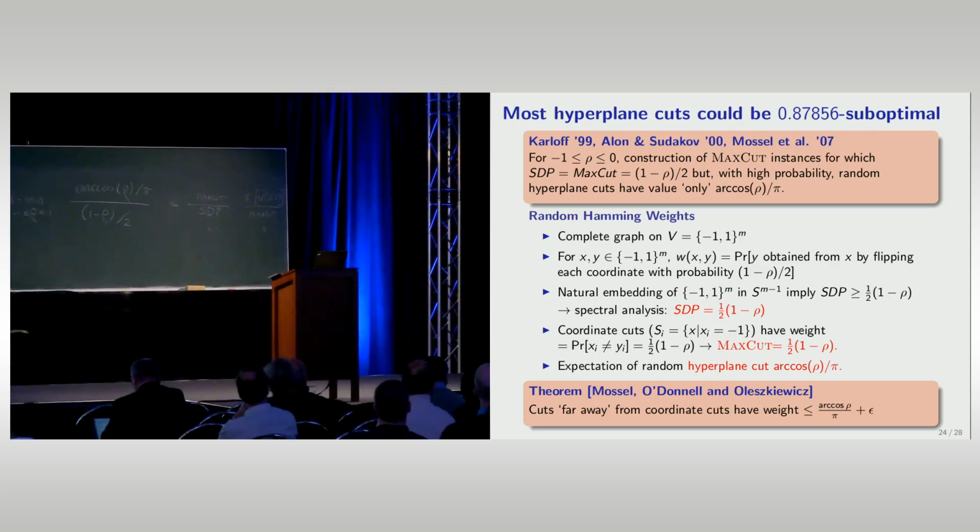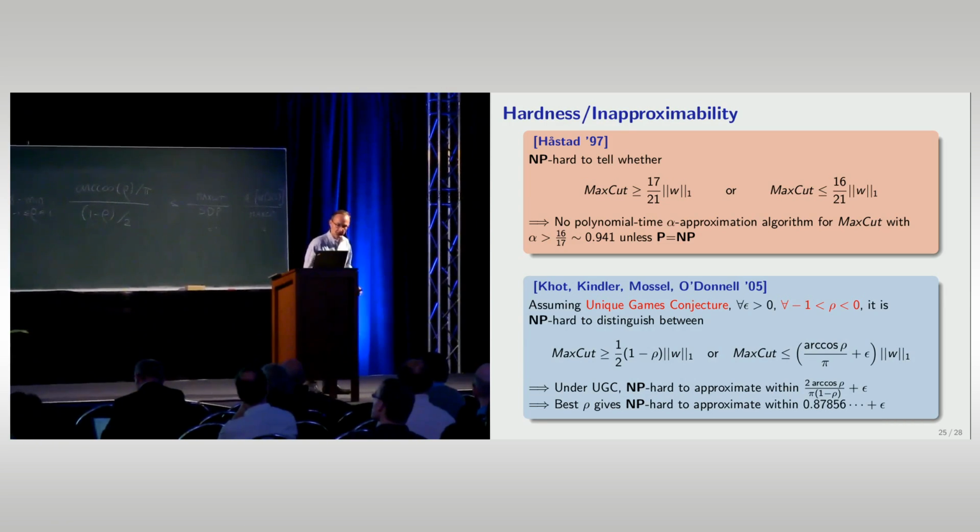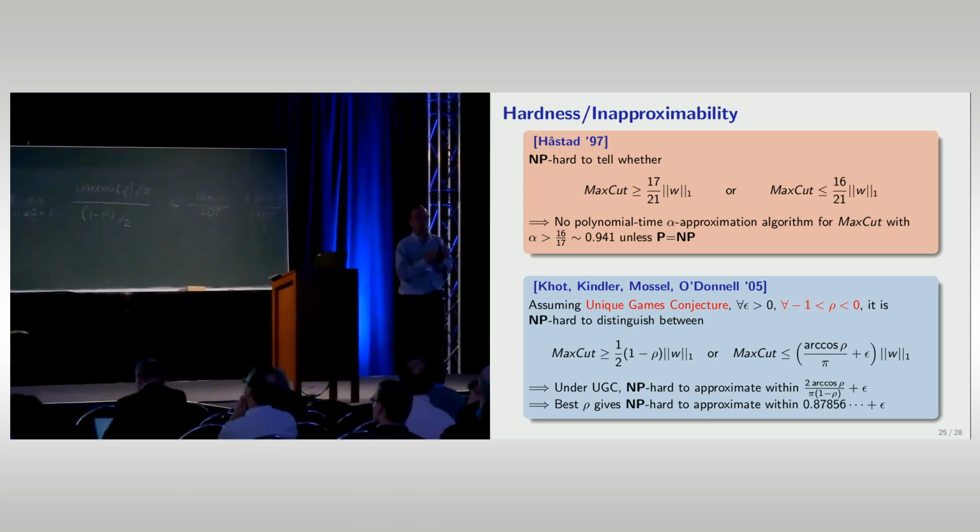And so that's going to be crucial for some recent result, which I've denoted at the bottom, which actually shows that this 0.87856 would be the best you could do unless P is equal to NP, but also, unfortunately, you need another assumption as well. An assumption, a conjecture that comes from these probabilistically checkable proofs, which is known as the unique games conjecture.